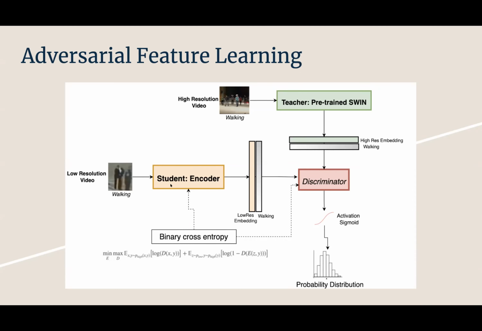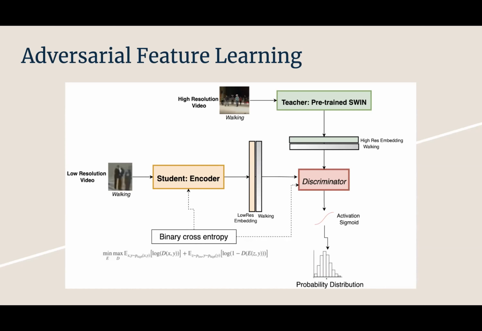And for the student, we have a transformer, for example, Swin video transformer or ViViT. We feed it low resolution data and we get a low resolution embedding, but these two embeddings are the same in size. We concatenate the label of the low resolution video with the low resolution embedding, and we feed it to the discriminator.